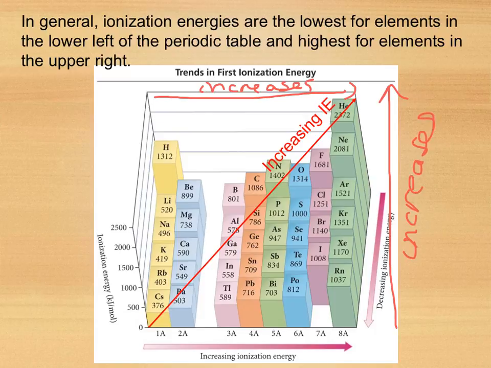So in other words, these are the two directions that ionization energy increases. And so if we want to draw a composite line, we could draw a diagonal line. The elements in the lower left-hand corner of the periodic table have the lowest ionization energies, and those in the upper right-hand part of the periodic table have the highest ionization energies.